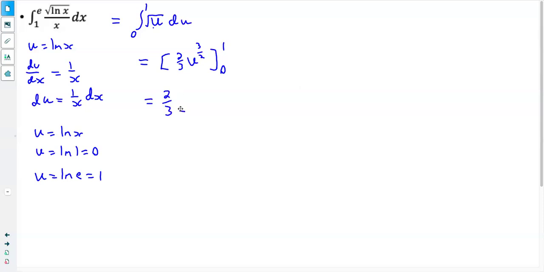So we've got 2 over 3 times 1 to the power of 3 over 2 minus 0 to the power of 3 over 2, and that's just going to give us 2 thirds.